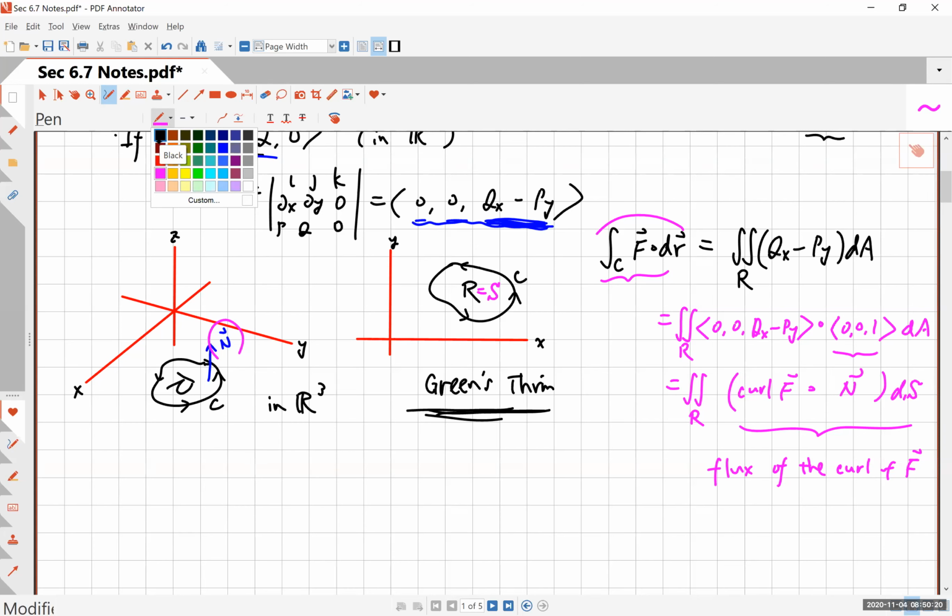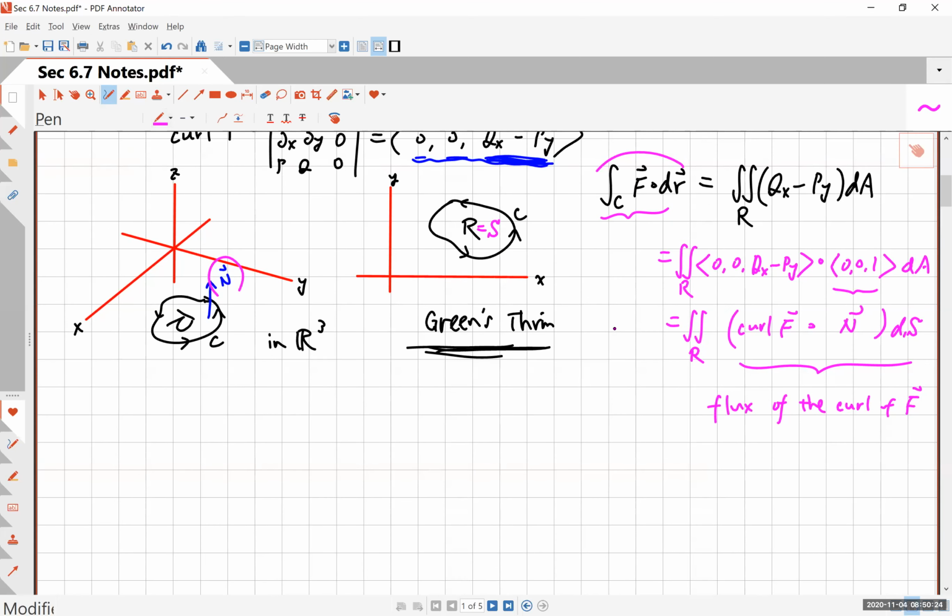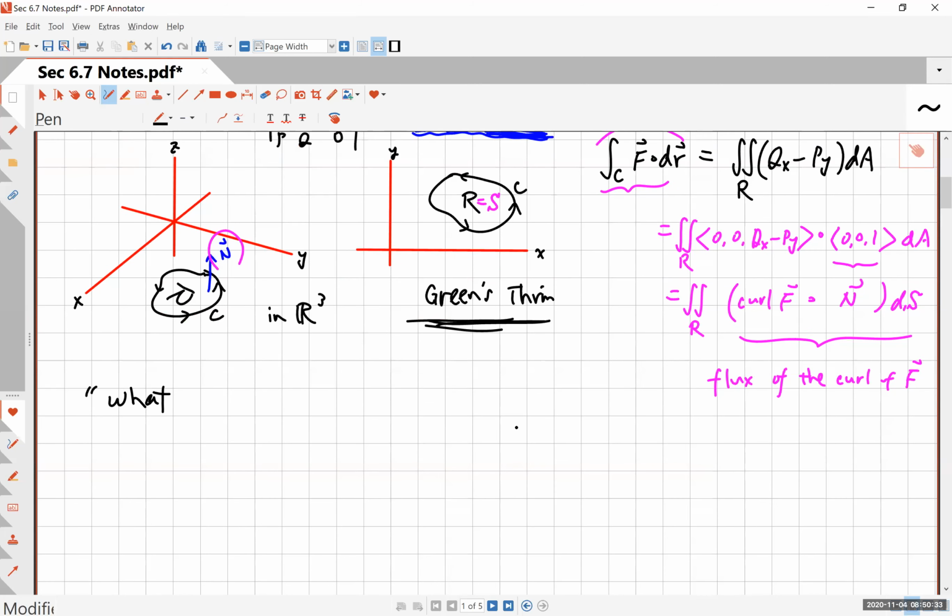All right, so with that said, let me define what Stokes' theorem says. My subtitle or quick introduction to that is, as I said before, what if Green's theorem, or Green himself, could fly?